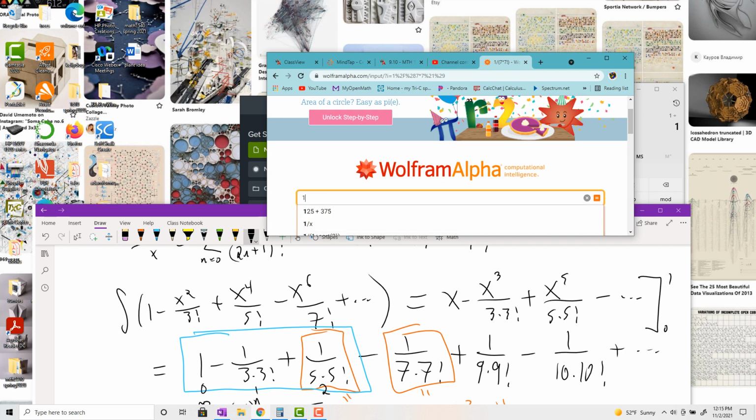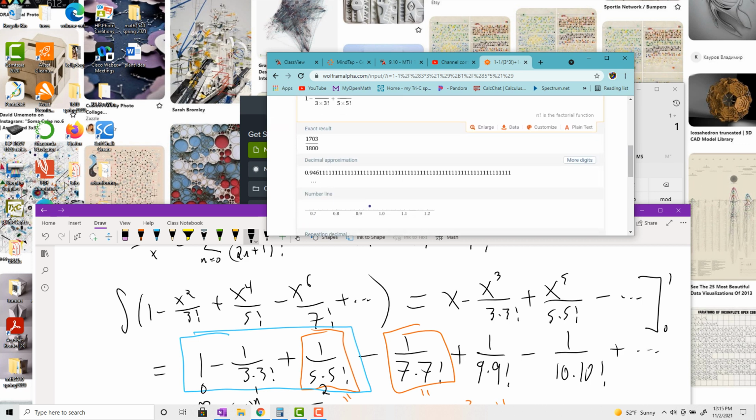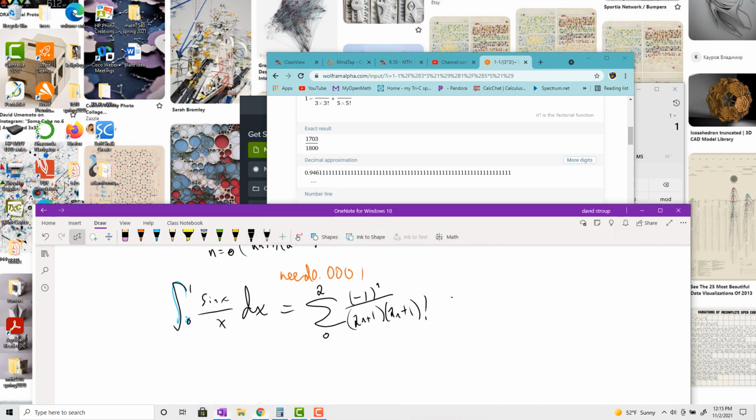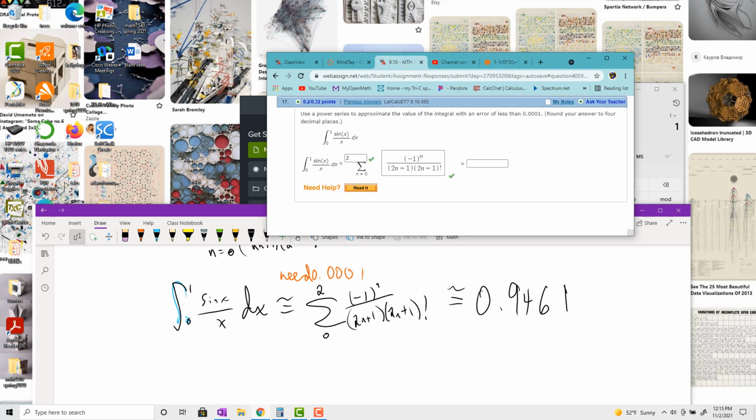Okay, so 1 minus 1 divided by 3 times 3 factorial plus 1 divided by 5 times 5 factorial, to 4 decimals. Our answer is approximately 0.9461.